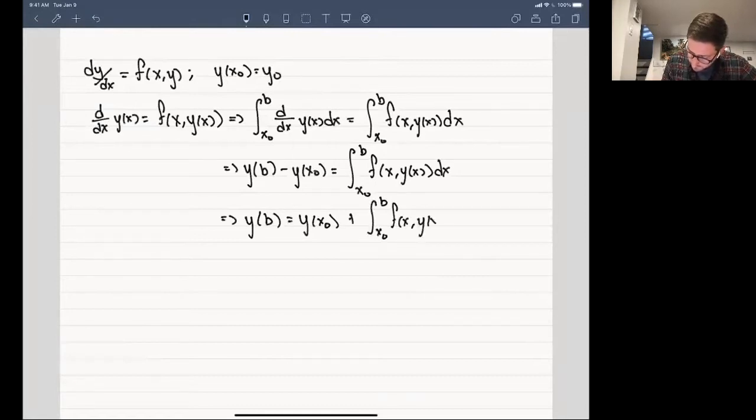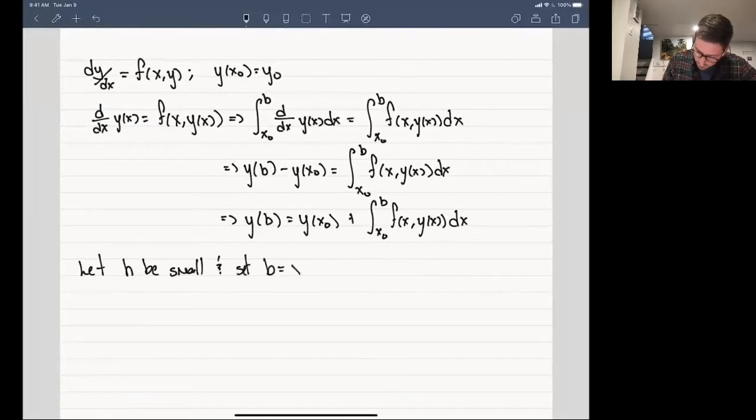Here's the idea. We're going to basically go back to a Riemann sum. So let's imagine, typically we call it h for step size. Let h be small, and set b equal to x0 plus h.